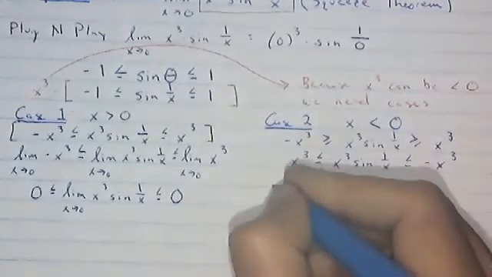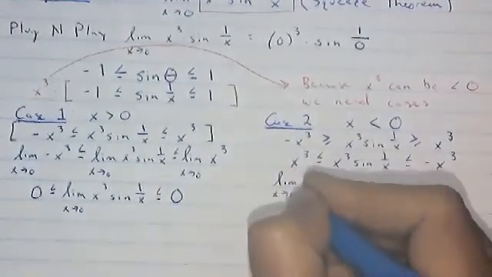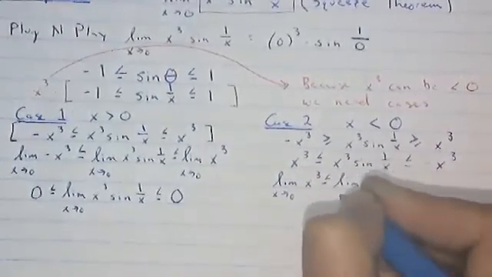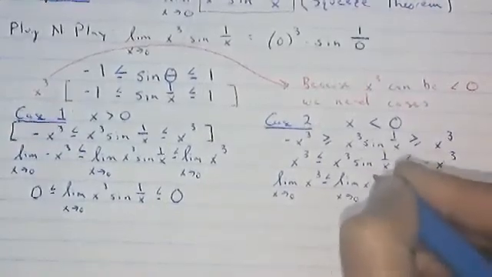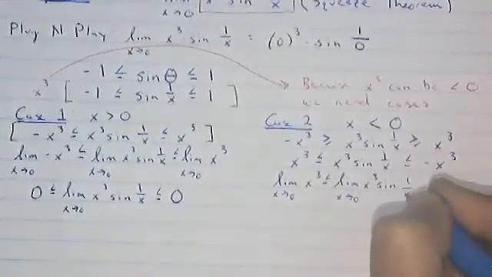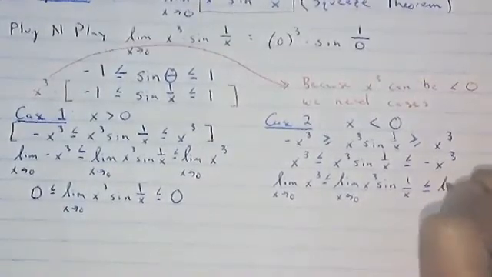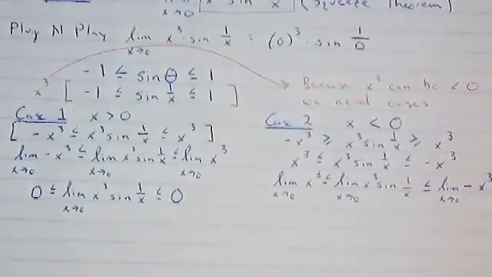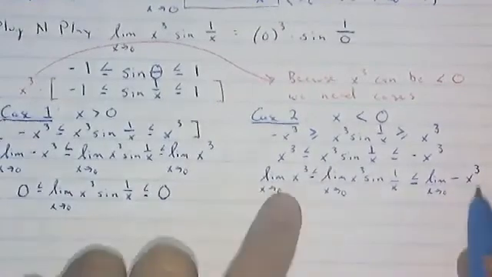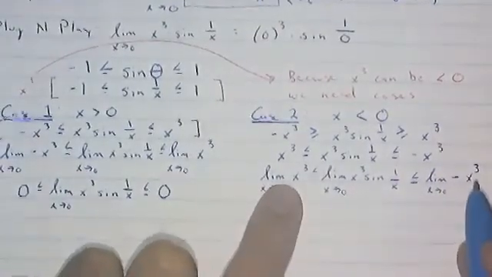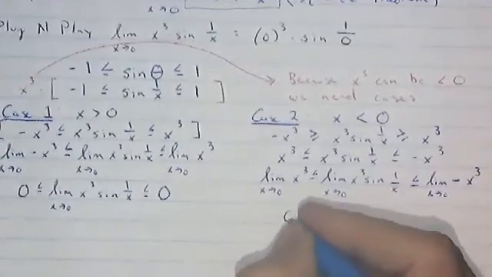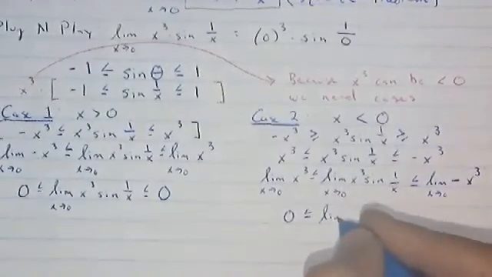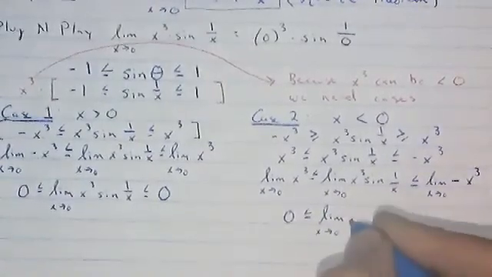Hit this with the limit. The limit as x approaches 0 of x cubed must be less than or equal to the limit as x approaches 0 of x cubed times the sine of 1 over x, which in turn must be less than or equal to the limit as x approaches 0 of the opposite of x cubed. We were just at this party. We know what these limits are. They're both 0. And so even if x is less than 0, we squeeze this limit in between 0.